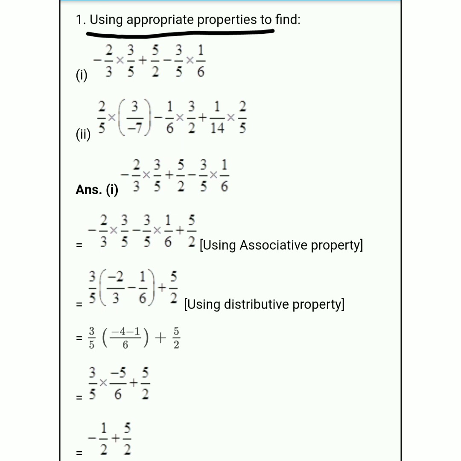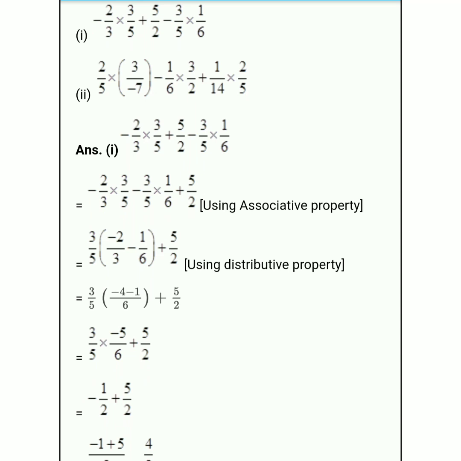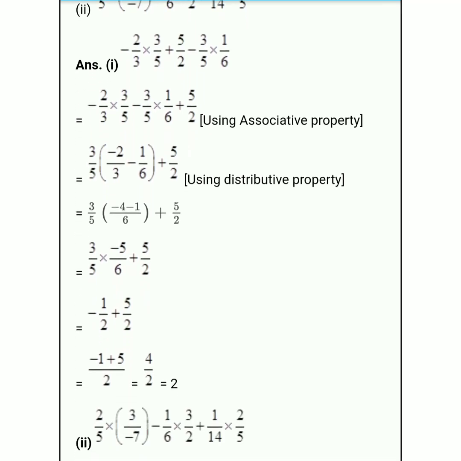Our first question is minus 2 by 3 multiply 3 upon 5 plus 5 by 2 minus 3 by 5 multiply 1 by 6. First of all, we need to find the total number of terms.